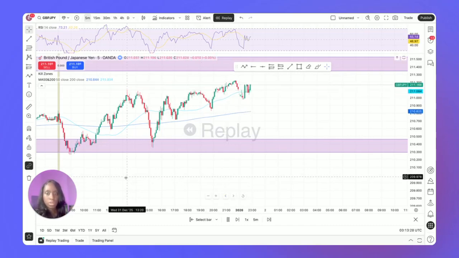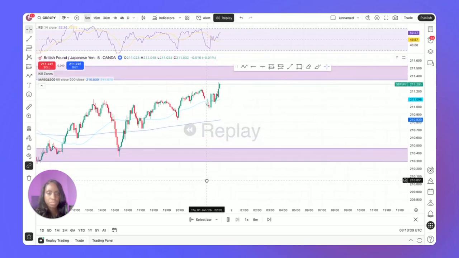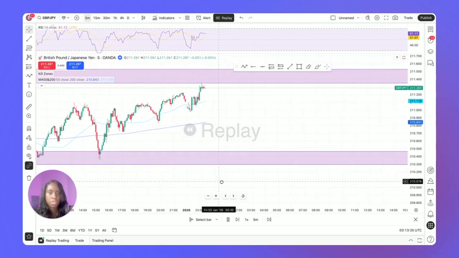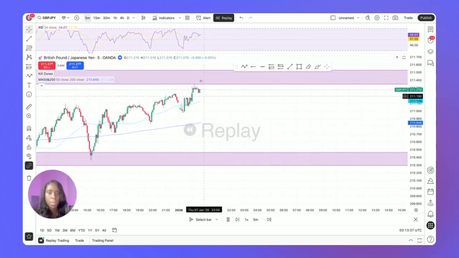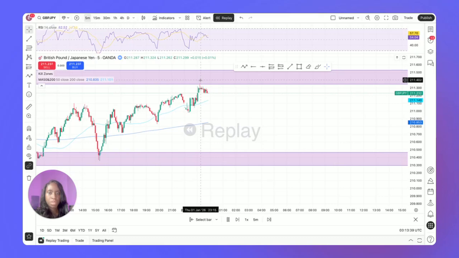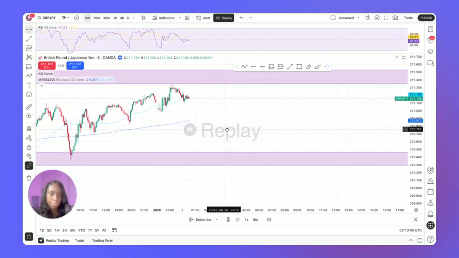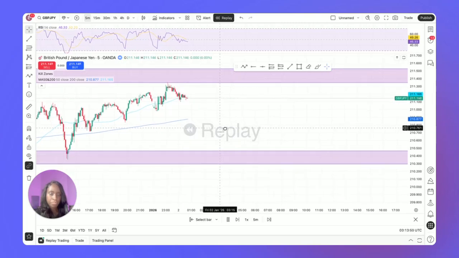And again, okay, it's nothing here. Bam. Okay, so it touched my supply zone. And another thing, I prefer entering the market when the volume is high.